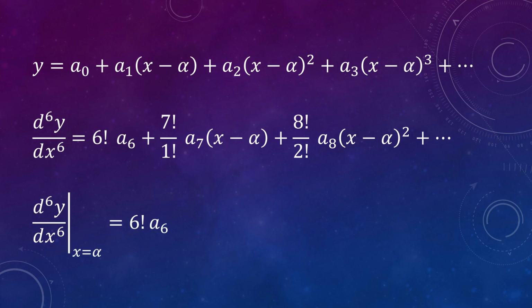So, the value of the sixth derivative of y at x equal to alpha will be equal to 6 factorial times a6, which will be equal to 720 times a6.